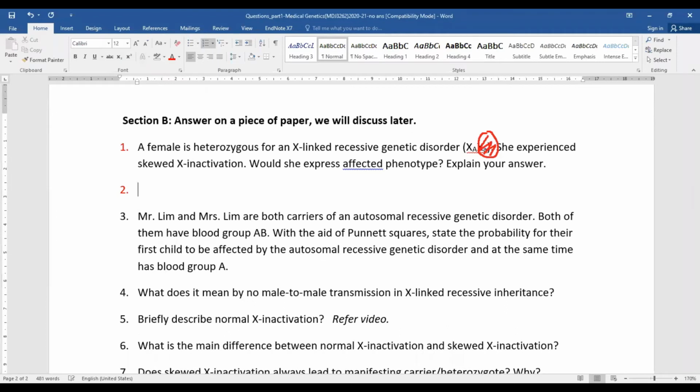Okay. So she may or may not show the affected phenotype, right? It depends on which X chromosome.